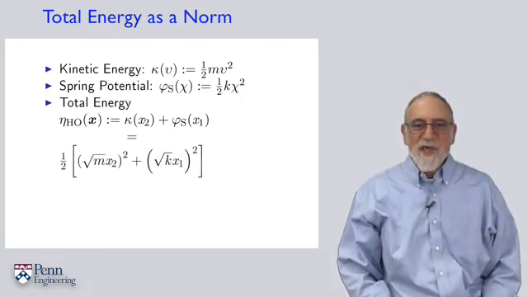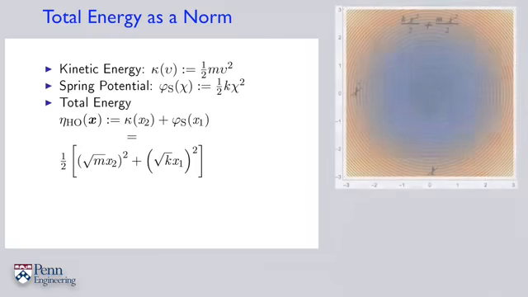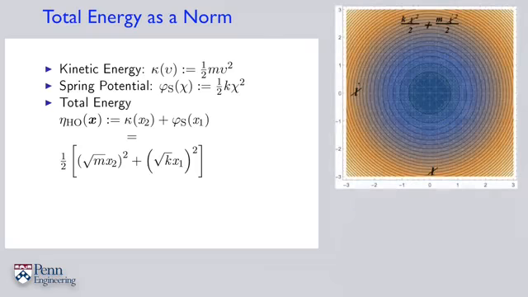Let's look at this sum in more geometric terms. I'm plotting the level curves of eta sub ho, the total energy of the harmonic oscillator. I'm plotting the level curves where bluer and darker are lower energy levels and oranger and brighter are higher energy curves.